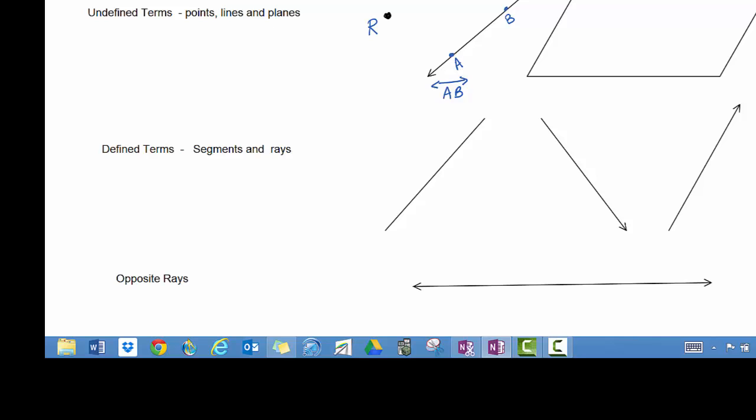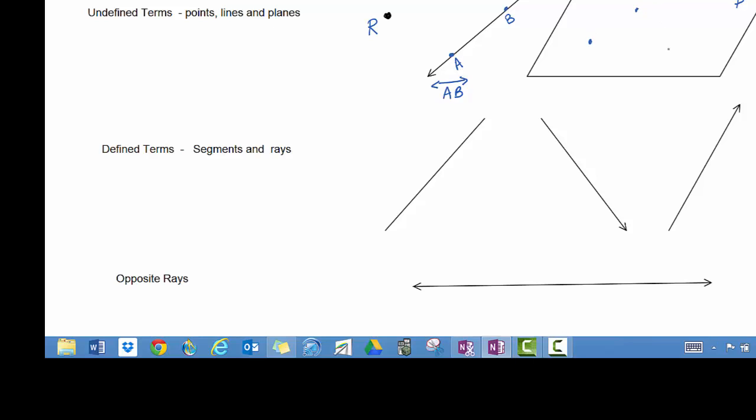A plane may be labeled with one capital letter, such as over here in the corner I could call this plane P, P for plane, or I could use 3 points. Note that in a line we use 2 points, but in a plane we need to use 3 points, and the 3 points must be non-collinear, meaning they cannot lie on the same line.